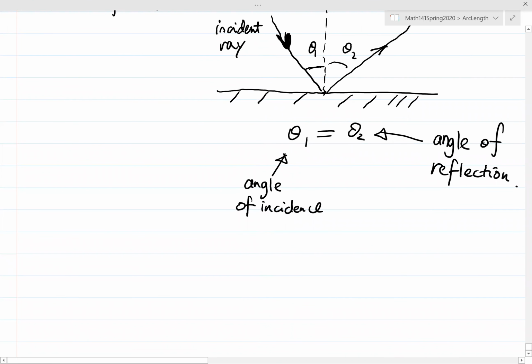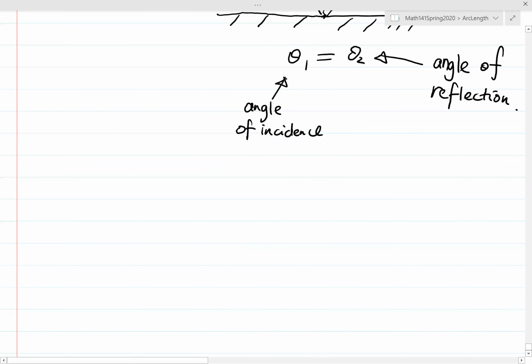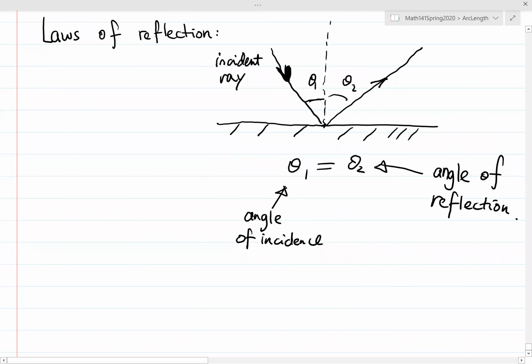Now we will use this law of reflection to study how light is reflected on a conic curve. We have θ1 equal to θ2.